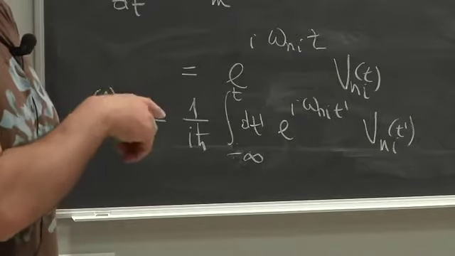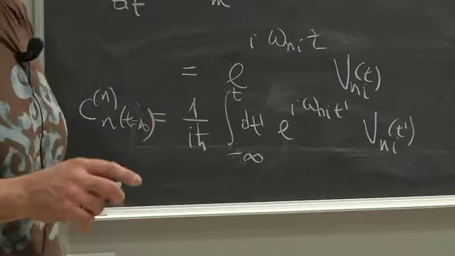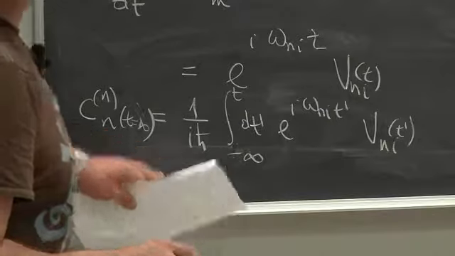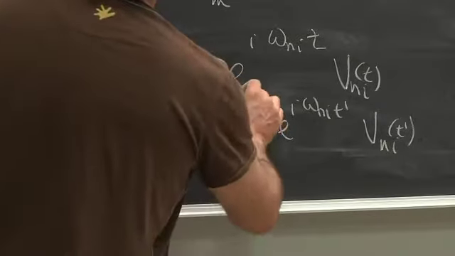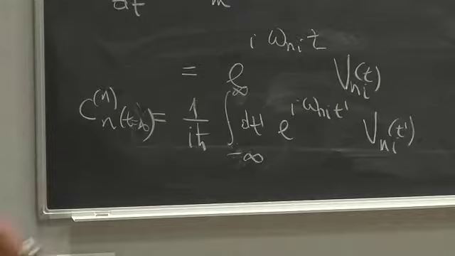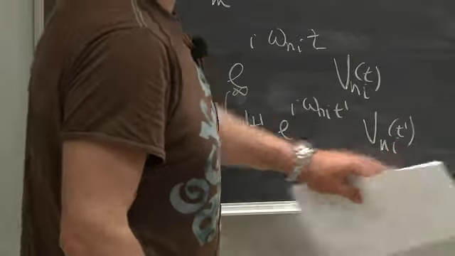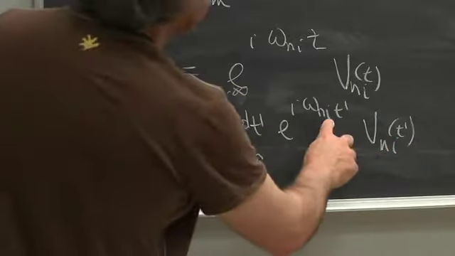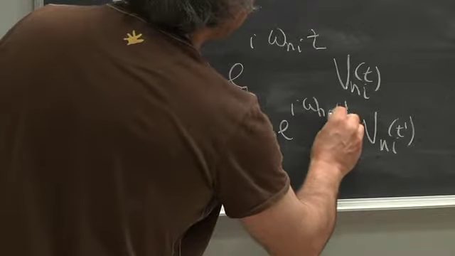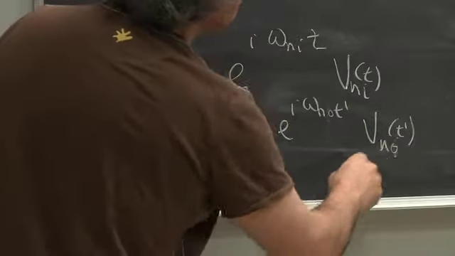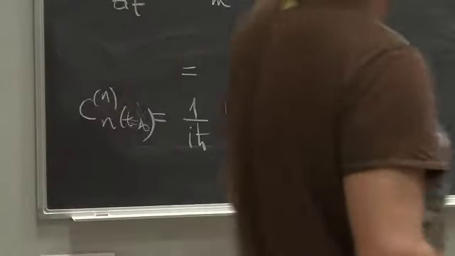Otherwise, the integral you will get is a Gaussian which wouldn't integrate, okay? But for t equal to infinity, this is what you need. What is this? This is the matrix element. Well, I need the initial state, which is 0, the ground state. So what I need to calculate is right here.